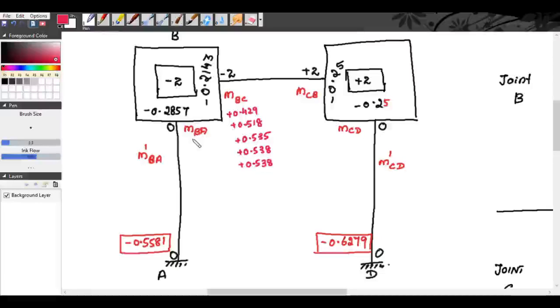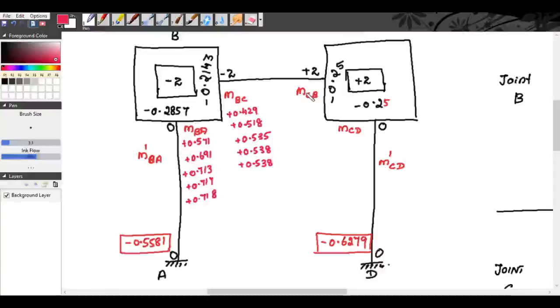For MBA, the values are plus 0.571, plus 0.691, plus 0.713, plus 0.717, plus 0.718.